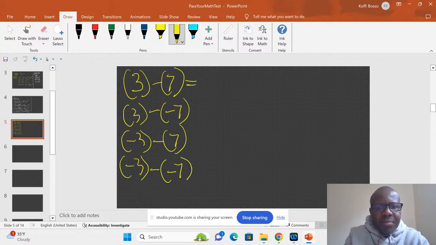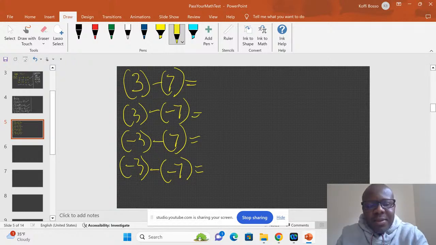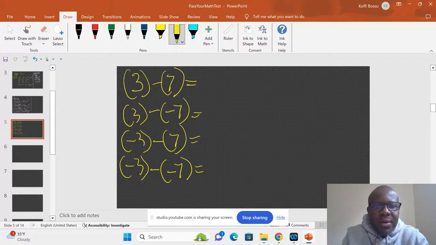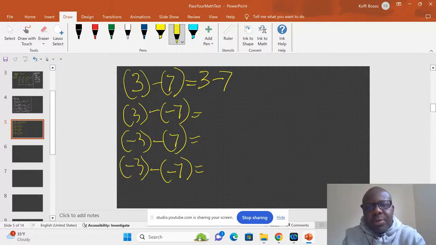Okay, here the question is a little bit tricky, but it's just to understand the concept. They say 3 minus 7. Do you know that I can write that again? Yes, I will remove the parentheses and I have 3 minus 7.